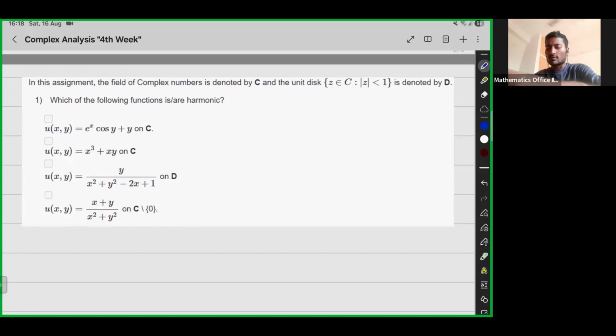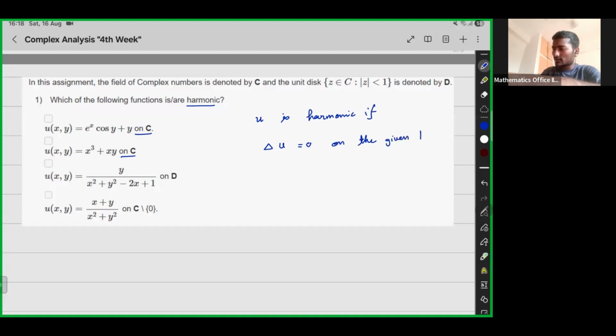Which of the following functions are harmonic? To show that something is harmonic, we see that u is harmonic if the Laplacian of u is 0 everywhere on the domain. Here u is a function on C; the questions have the domain complex plane, and we are not going by any other given domain.